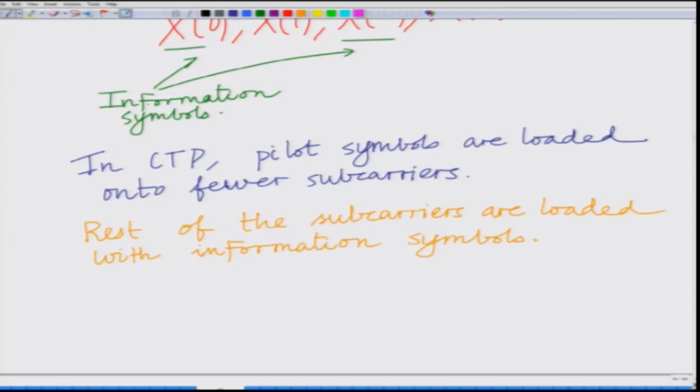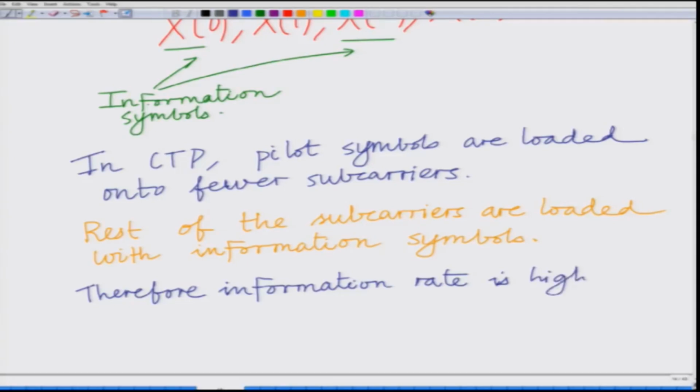Therefore, this improves the bandwidth efficiency. Therefore, the information rate improves, and that is something also interesting to note.